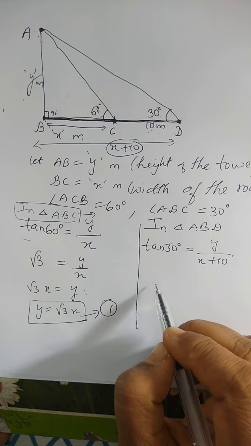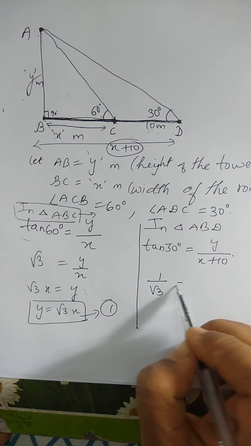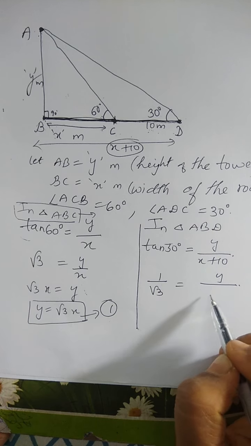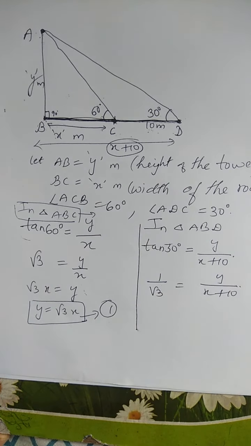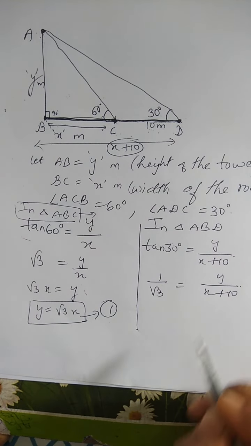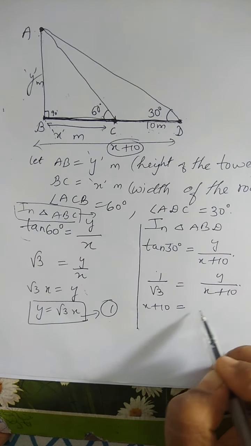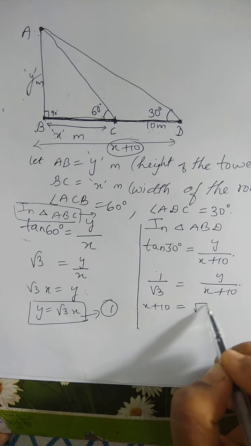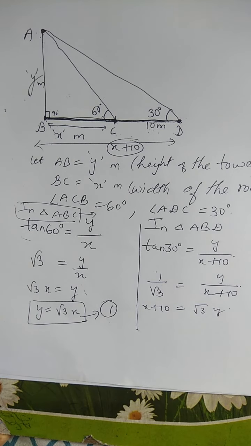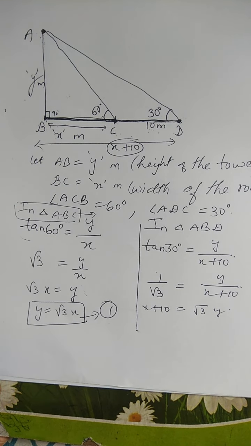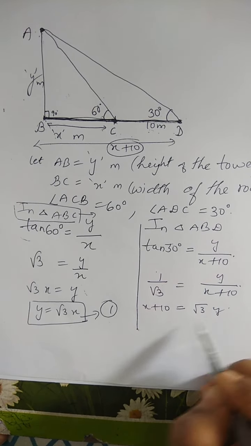Tan 30 degrees, 1 by root 3, is equal to y upon x plus 10. Then x plus 10 is equal to root 3 into y, root 3 y. Now put the value of y.